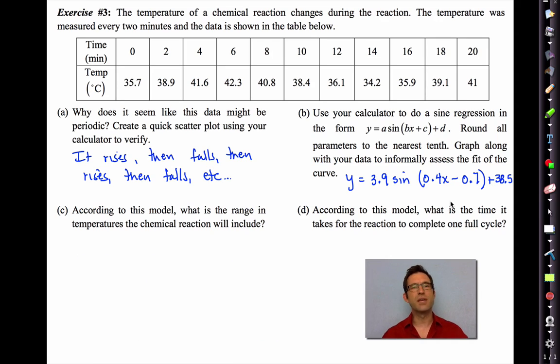All right. Letter C. According to this model, what is the range in temperatures the chemical reaction will include? According to the model, don't worry about the table anymore. Now just use this and see if you can remember something about the range of a trig curve. Let's go through it.